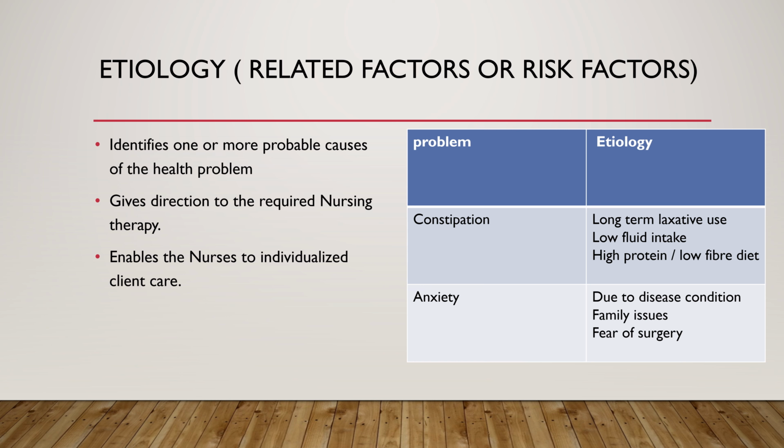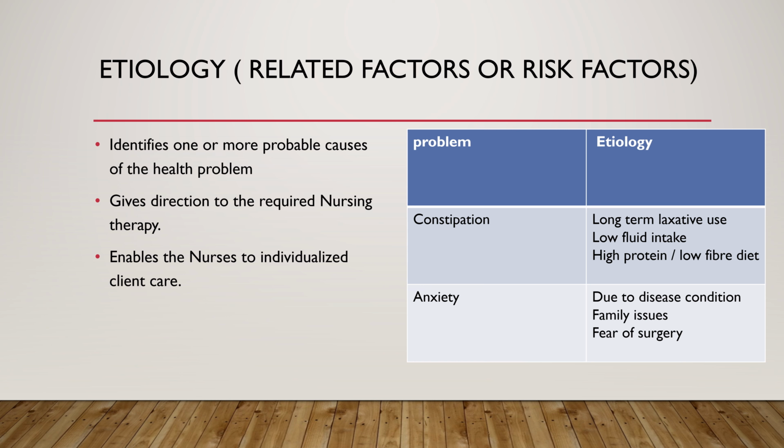So the patient using long-term laxatives will be managed totally differently. The person whose cause is low fluid intake will be managed by giving extra fluids. The patient who has taken a low fiber diet will be managed by giving a high fiber diet.